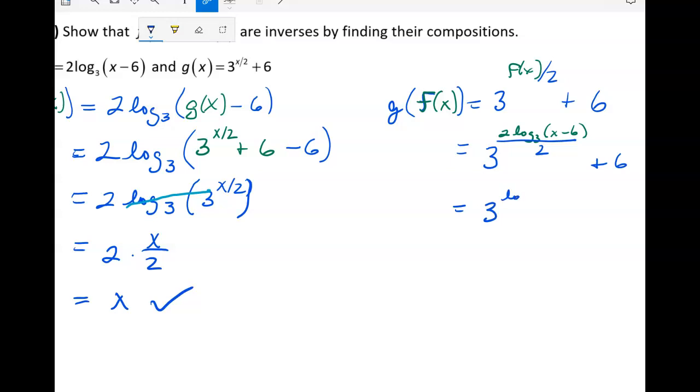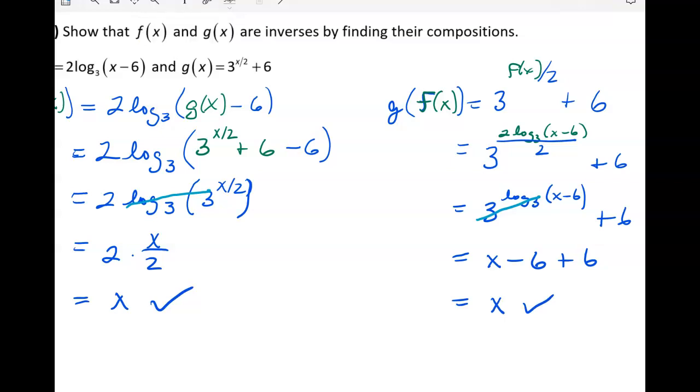So in the exponent now we have log base 3 of x minus 6. And remember the inverse property, 3 raised to the log base 3 of something is just the exponent. So x minus 6 plus 6 is just x, and that's the result that we're looking for.